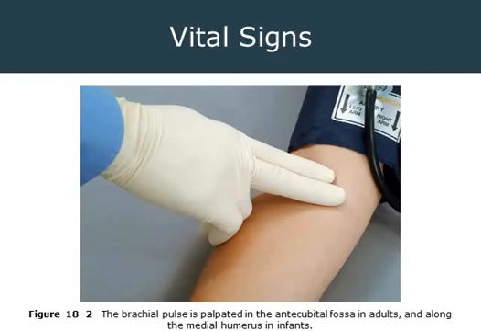You can put your fingers about one-third of the way out from the inner aspect of your elbow. You should be able to find the brachial pulse, and you can trace it up right between the bicep and the tricep. That's the artery you're listening to when you're taking a blood pressure.